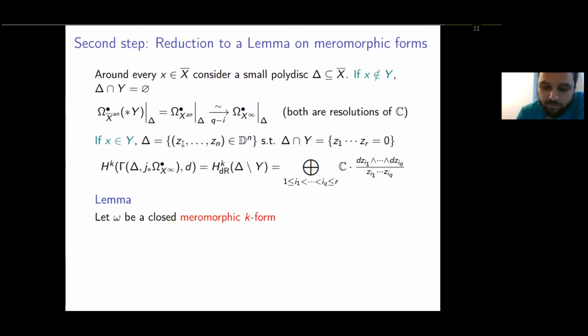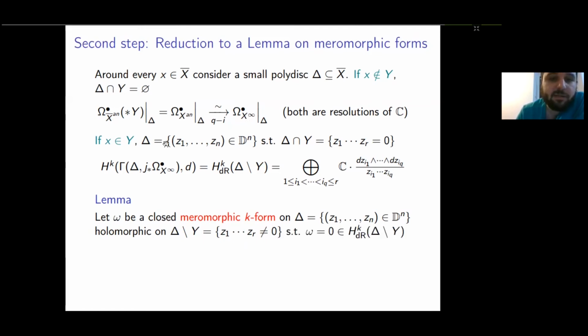And so we're reduced to the following lemma, which says: take omega any closed meromorphic form defined over a polydisk delta as before. Assume that this omega is holomorphic in delta minus Y, which is identified with this set.